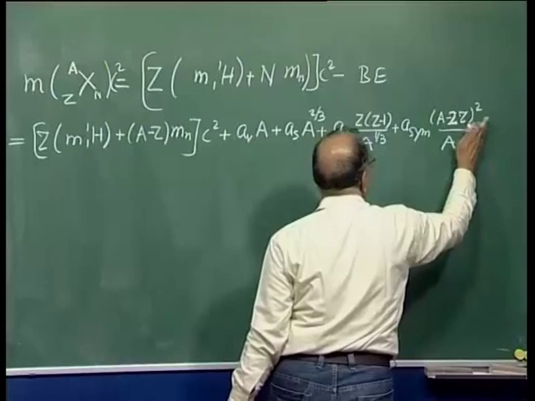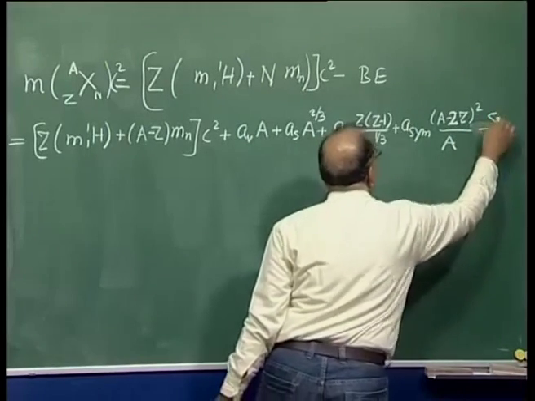We write plus there, so we write minus here, minus delta.